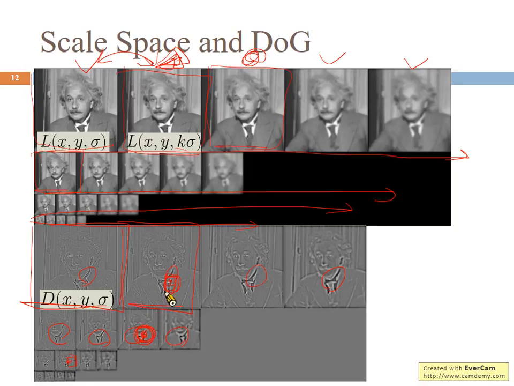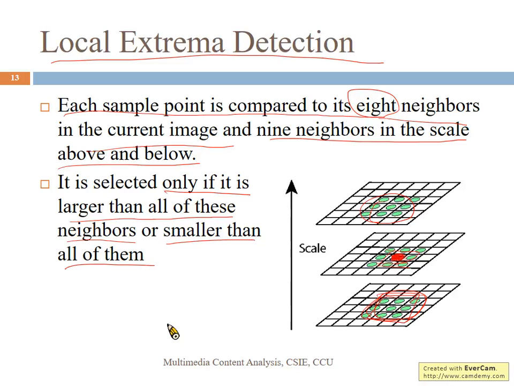If this value is larger than all its neighboring pixels, we will take it as a key point. That is the so-called local extrema, because we compare the DOG difference of this pixel with all its neighboring pixels, no matter whether at the same scale or a different scale. So this is why it is called local extrema.